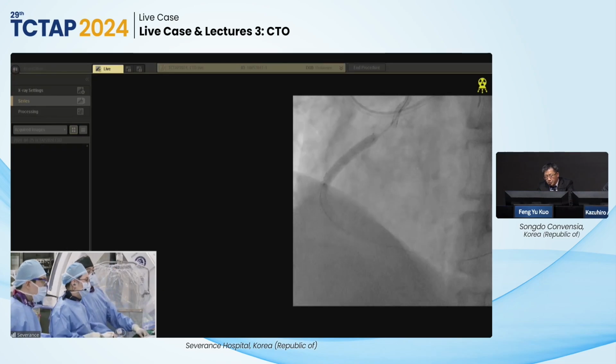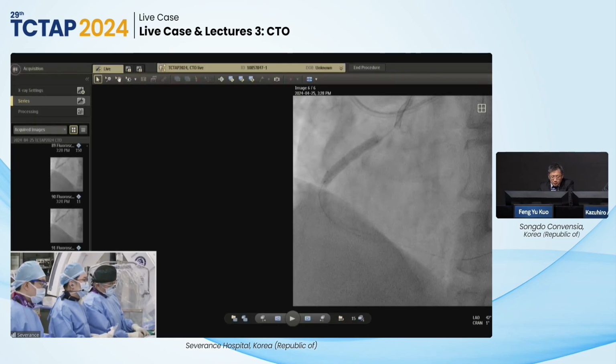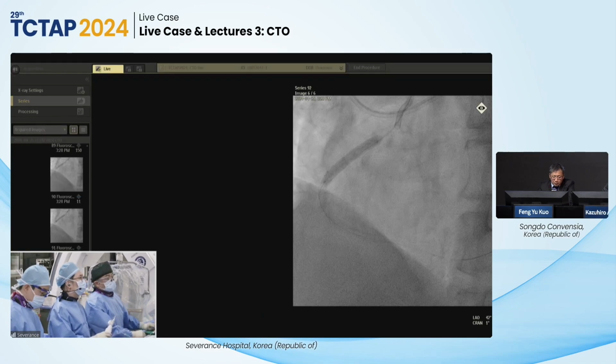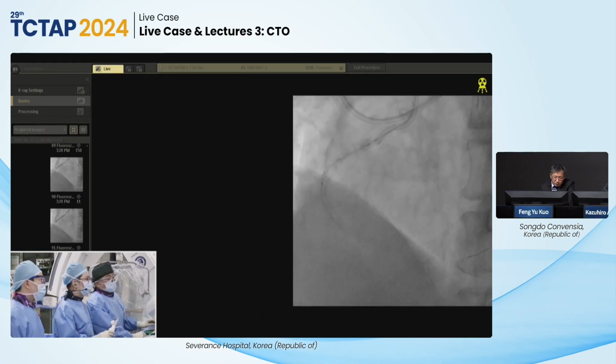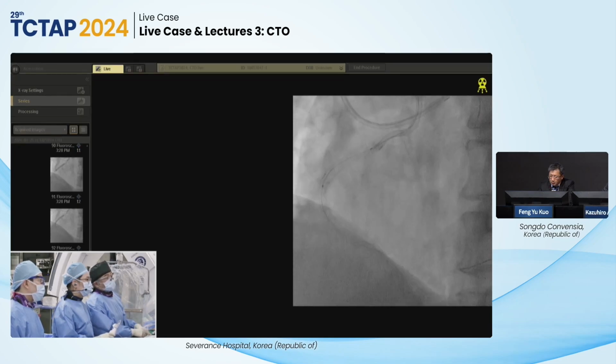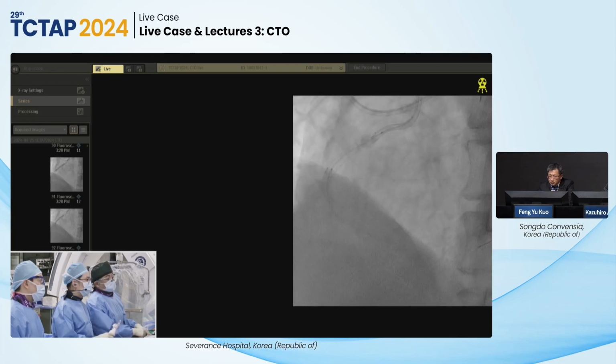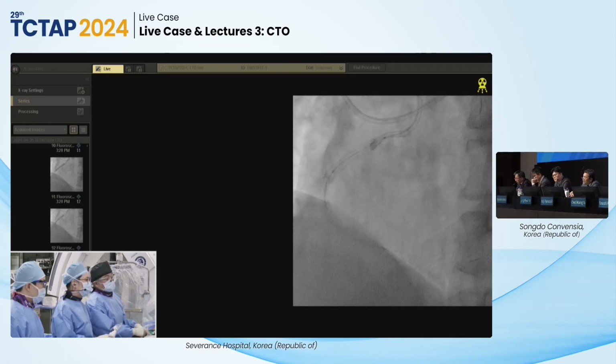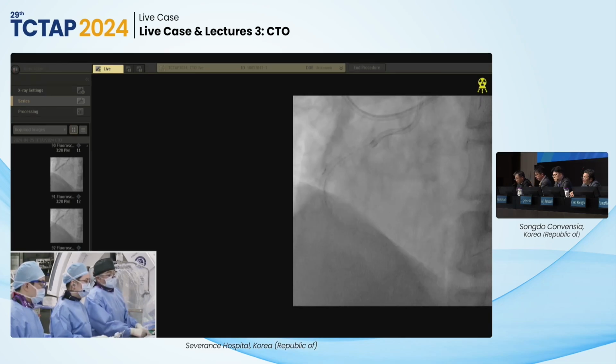Yeah, especially in the case of CTOs, we already have the Corsair, so we have had so much experience of the jailed Corsair to protect the side branch. Sometimes it's helpful. Also the jailed balloon is quite important.